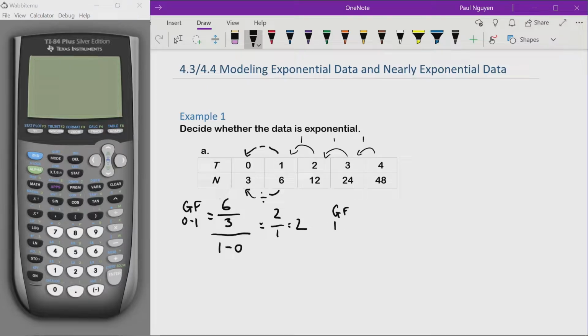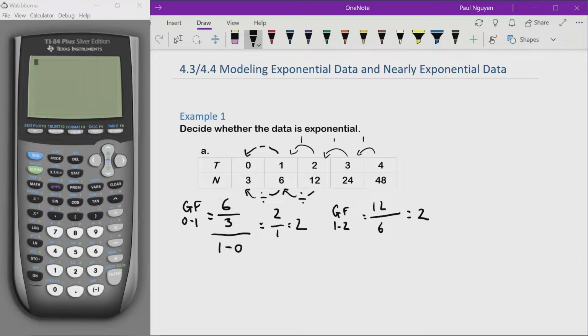Since each of these, when you subtract, is 1, we'll suppress that for the rest of this problem. The growth factor from 1 to 2 is this number, 12, divided by this number, 6. Normally I would divide this whole thing by the difference, the subtraction, of 2 and 1, which is 1. But since it's 1, we don't have to do that. 12 divided by 6 is 2.